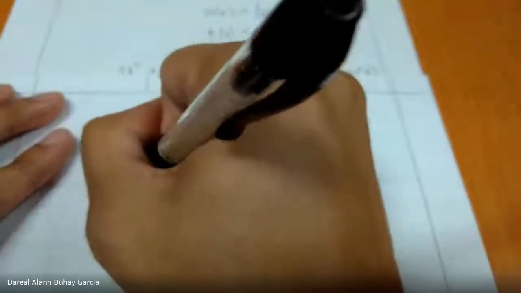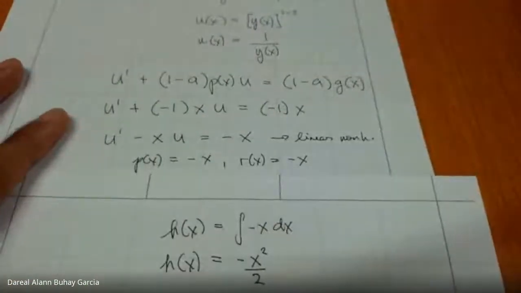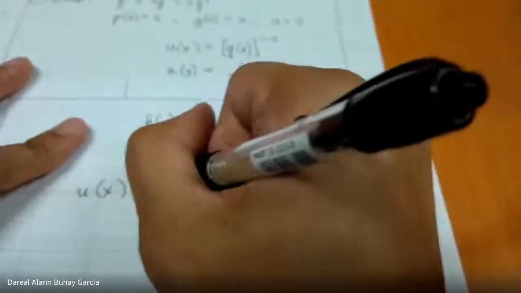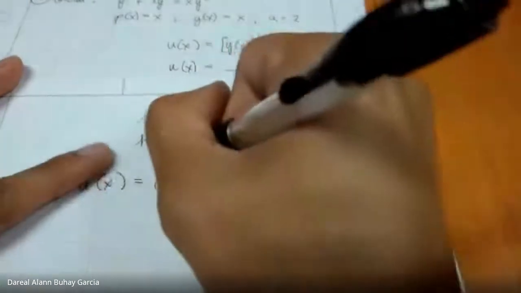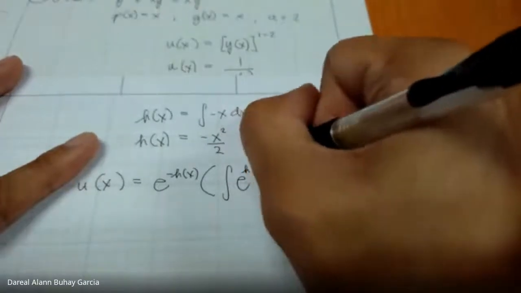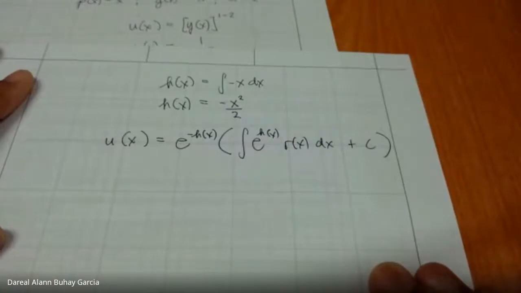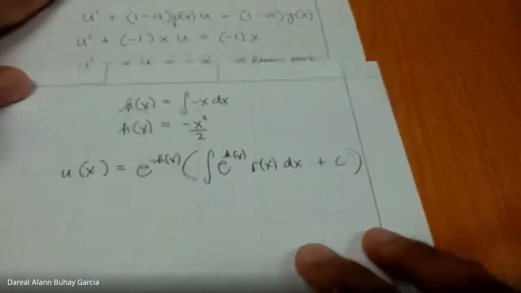Then, formula: u of x is equal to, not y of x, because our dependent variable is u, e to the power of negative h of x times the integral of e to the power of positive h of x, r of x dx plus c. Just plug in everything.